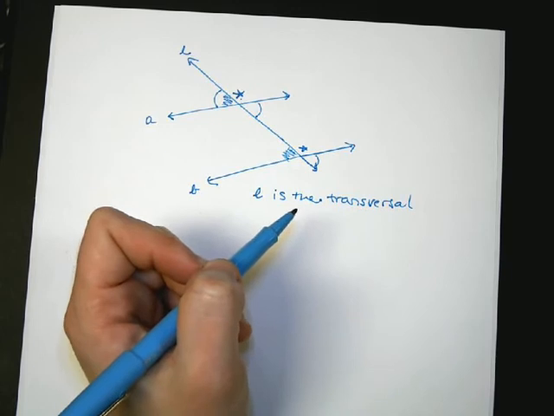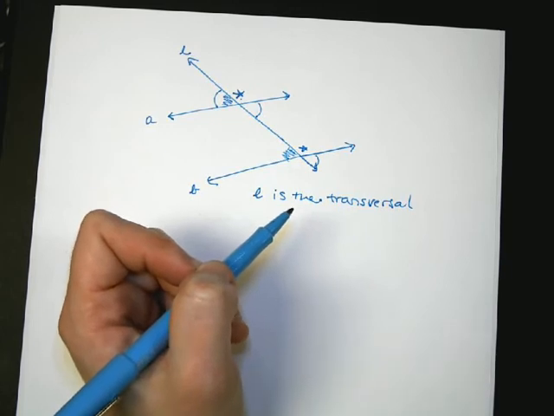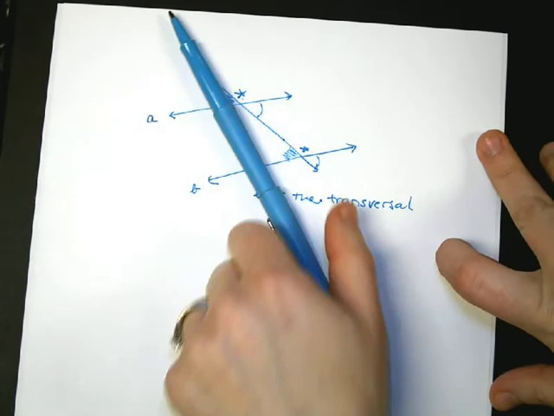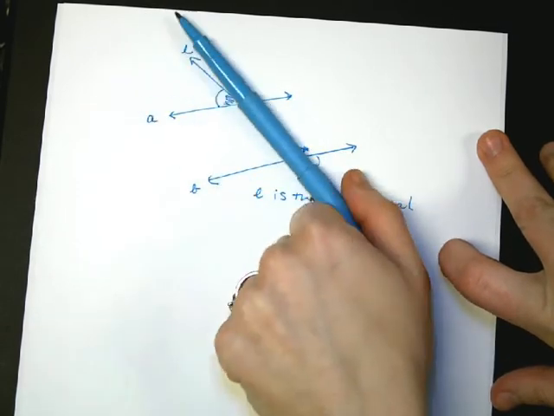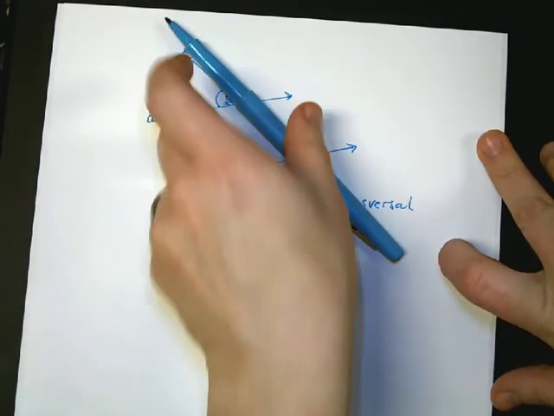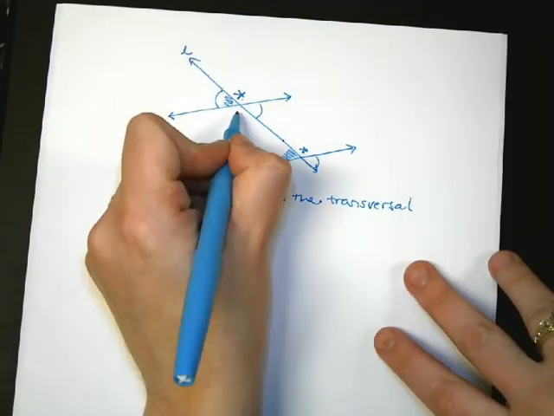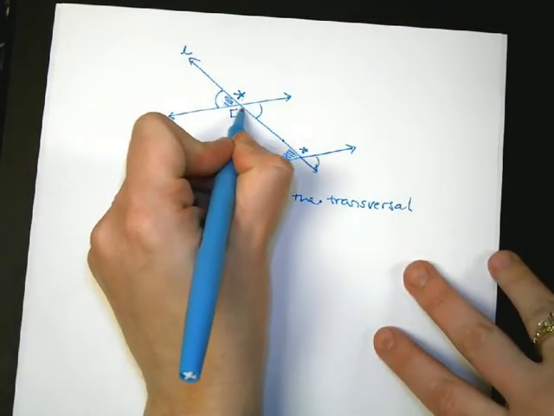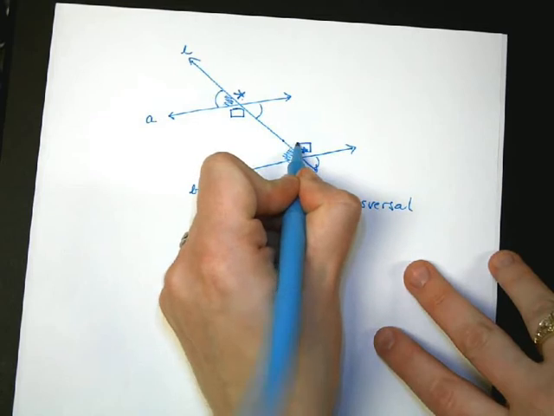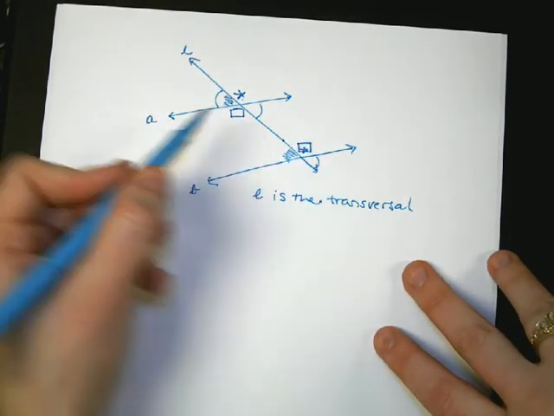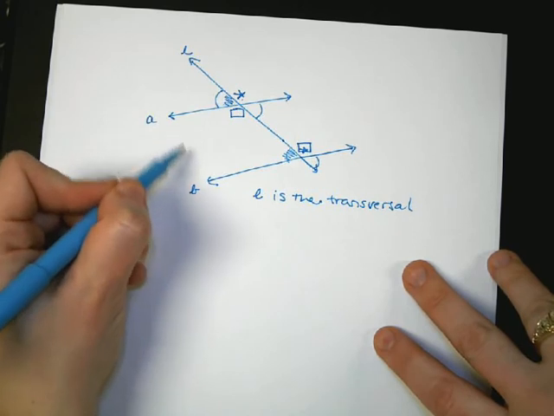We had alternate interior, which means they were on opposite sides of L, the transversal in this case, something on the left and on the right between our parallel lines. So the squared angles are on opposite sides of our transversal, but still in the interior of A and B.